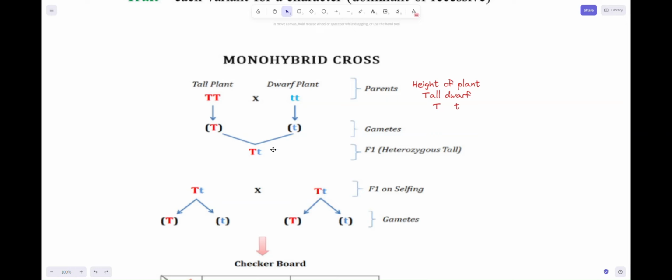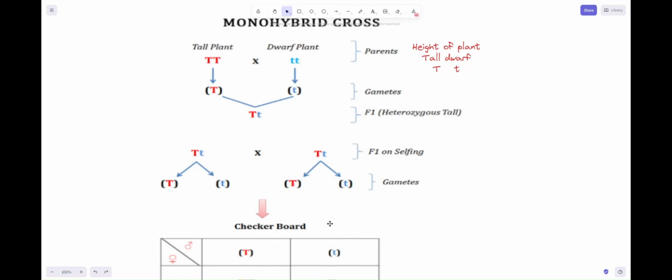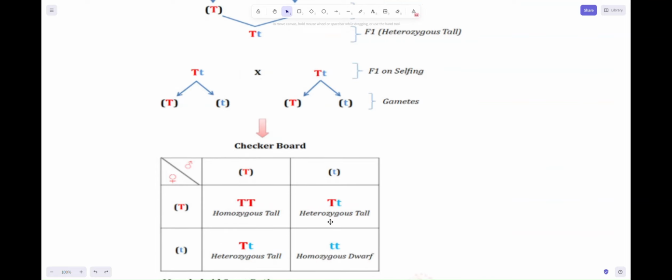When these F1 generation offspring undergo self crossing, you can see the possible combinations of gametes. You know that in gametes the number of chromosomes is reduced to half. Then in the F2 generation, this is the possible combination of offspring: homozygous tall 1, heterozygous tall 2 and homozygous dwarf 1.